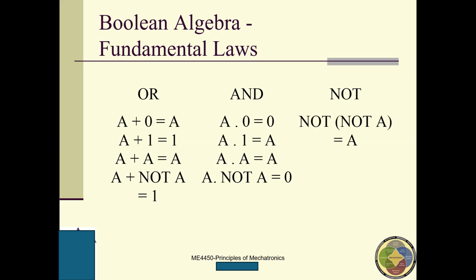If A is 1, it's 1. If A is 0, it's 0. So A AND not A is always 0. That means if A is 1, not A will be 0, and 1 and 0 equals 0. If A is 0, not A is 1, and 0 and 1 equals 0.